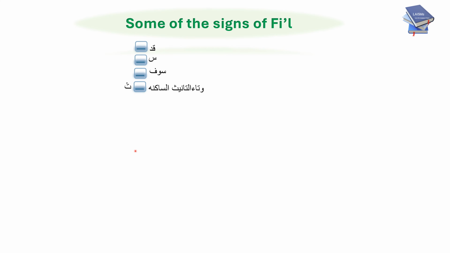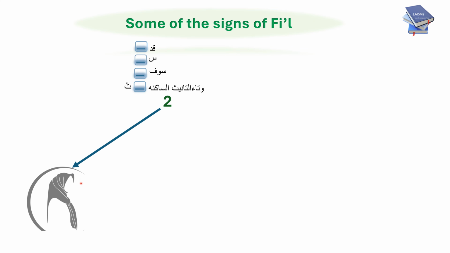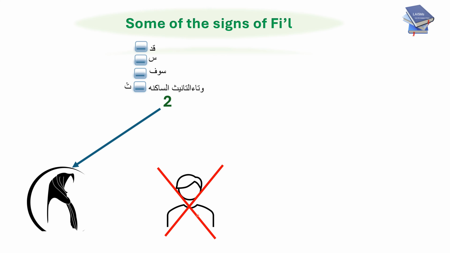Now, two things about the ta' tanith. A, it has to be a feminine, not a masculine. It has to be قالت, she said, not قال, he said. So that is the ta ta'nith sakina. We said there, as you can see, these words come before the ta ta'nith sakina.